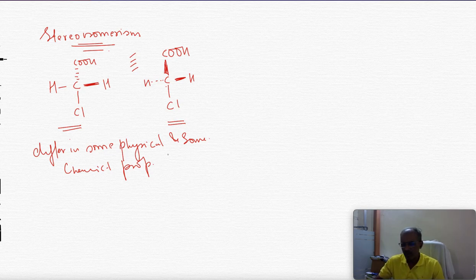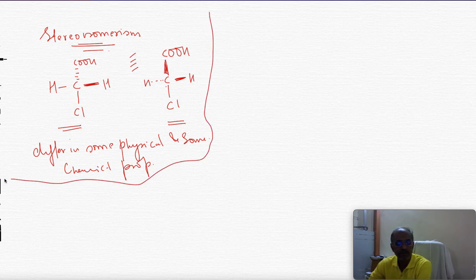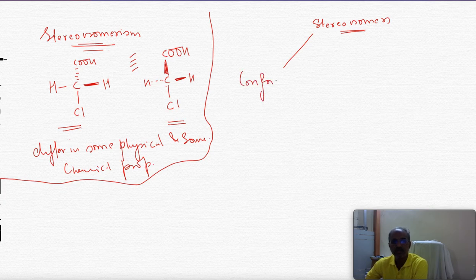Now we will see in stereoisomerism, basically speaking, in stereoisomers, you have conformational isomers.